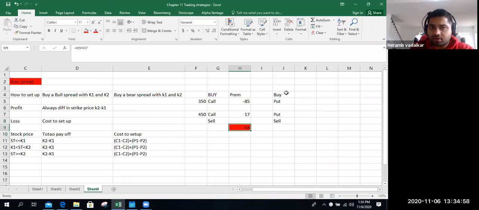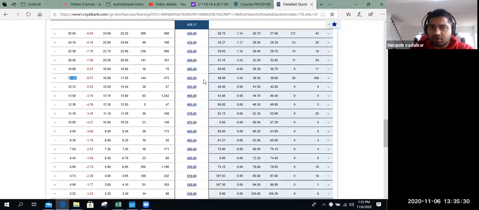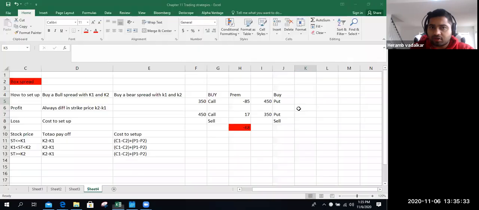Now in puts also, you buy one put and you sell one put. So you sell the 350 put because it is lower, and you buy the 450 put because it is higher, closer. So it's the reverse of this. Since you're buying a put option of 450, let's look at the put 450, 38 bucks.